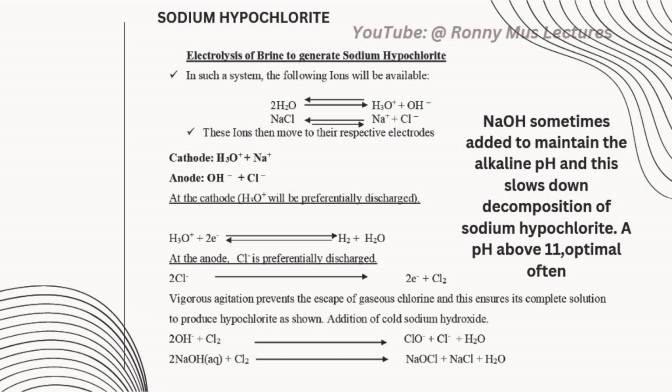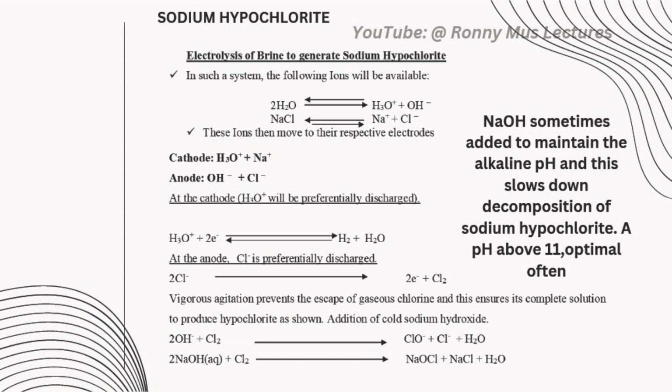So the negatively charged ions move towards the anode, while the positively charged ions move towards the cathode. Remember, the anode is positively charged. So at the cathode, you will get hydrogen being produced, and at the anode, you'll get chlorine being produced. So sodium hydroxide reacts with chlorine to give you sodium hypochlorite, sodium chloride, and water.